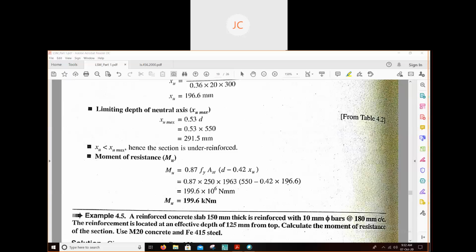Which parameter is given? 150 millimeter total depth. Okay, so any other answer? Anyone? What is 150 millimeter?